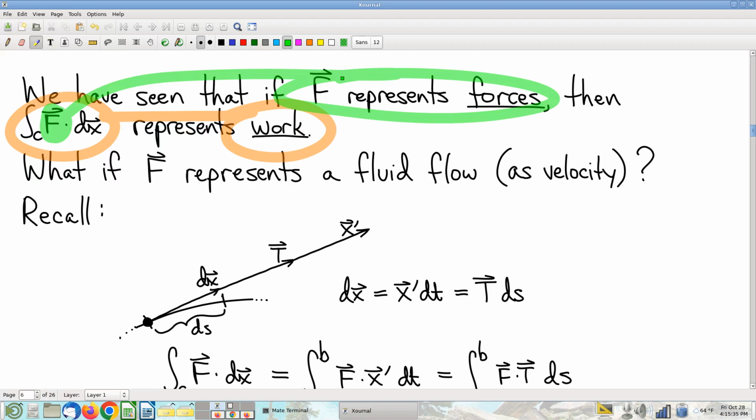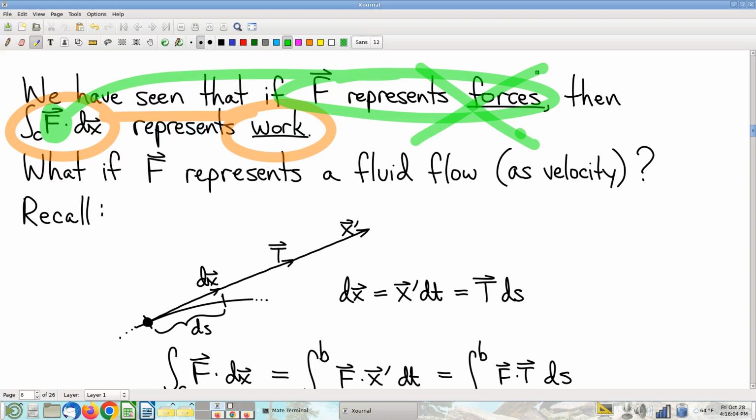Okay, here's the thing. Flashback to chapter 3. What else do we do with vector fields? Well, the other thing we do with vector fields is we use vector fields to represent fluid flows. So, if my vector field no longer represents forces, if the vector field represents fluid flows, well, there's no forces involved. There's a flowing fluid. If there's no forces, there's no work.